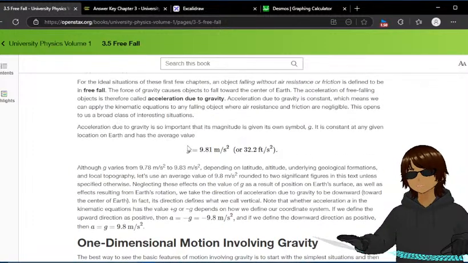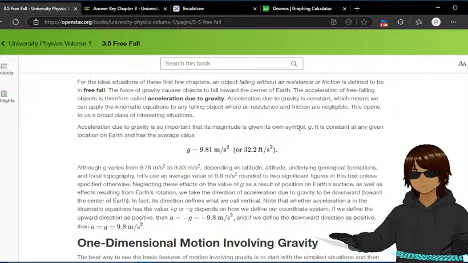So acceleration due to gravity is so important that its magnitude is given its own symbol, g. It is constant at any given location on Earth and has the average value g equal to 9.81 meters per second squared. Although g varies from 9.78 to 9.83 depending on the latitude, altitude, underlying geographical formations, and local topography.